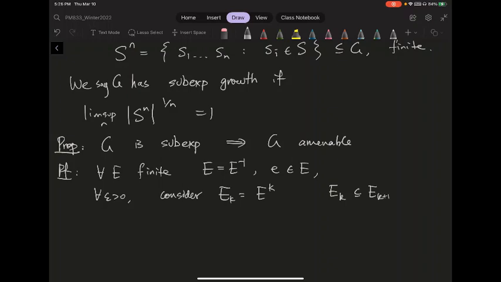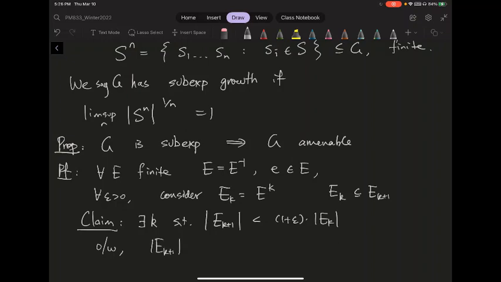First of all, I want to claim that because your lim sup has to be equal to 1, there has to be a k so that the number of elements in E_{k+1} is less than 1 plus epsilon times the number of elements in E_k. The reason is that otherwise, if each E_{k+1} is always greater than or equal to 1 plus epsilon times the previous one, then it is greater than or equal to (1 plus epsilon) squared times the one before, and so on.